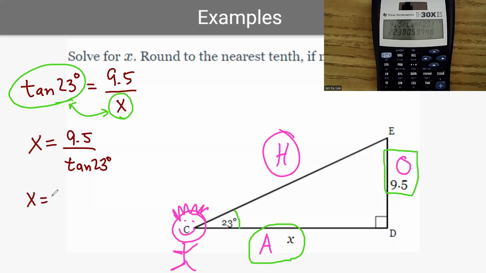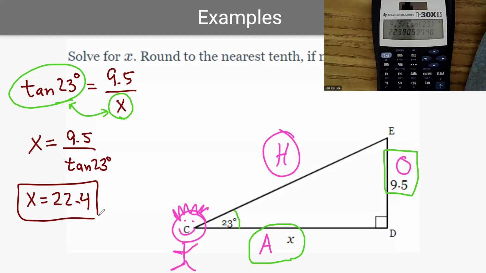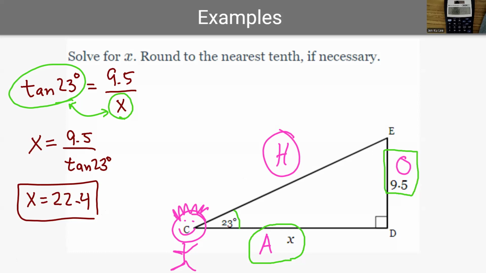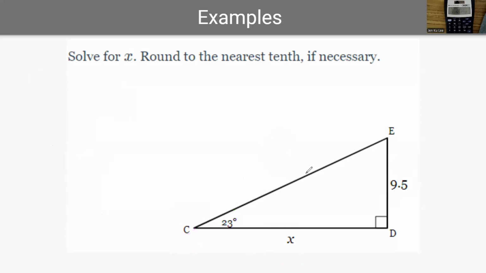So x equals 22.4. Cool? Okay, and then you can use the Pythagorean theorem again, or you can use the other trig functions to figure out your hypotenuse. All right.